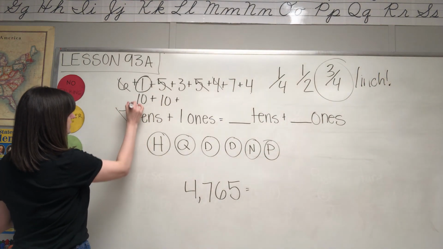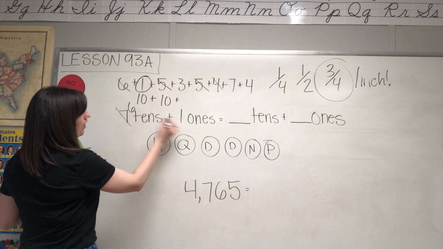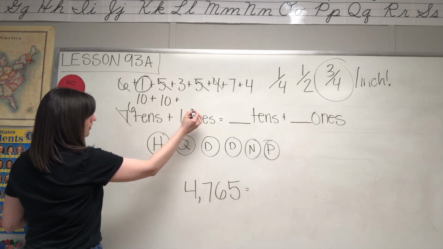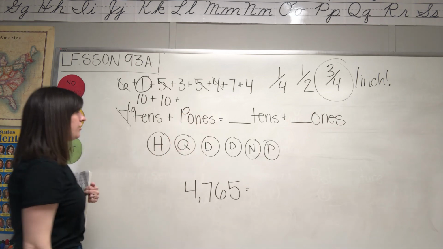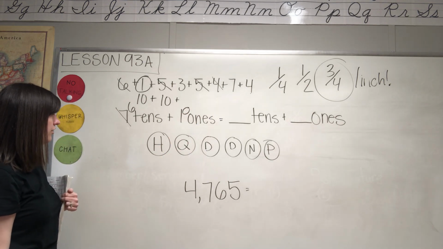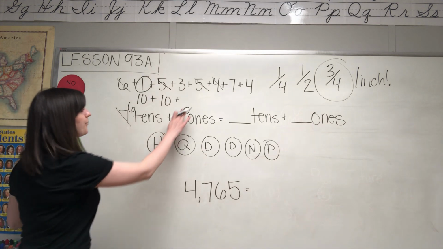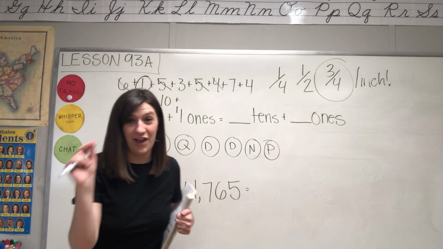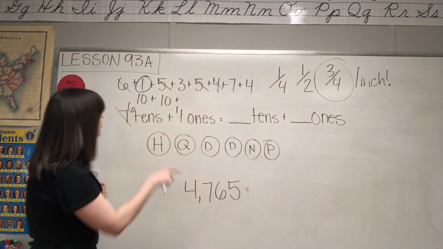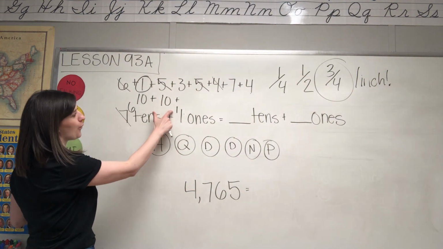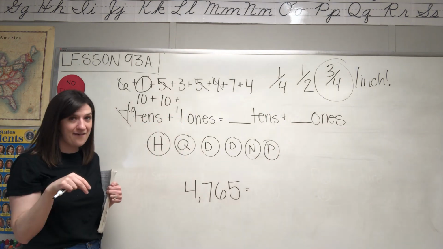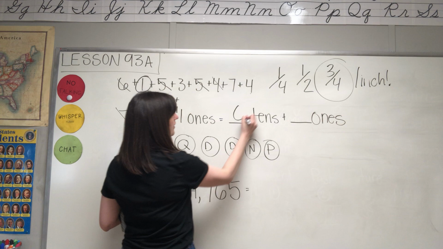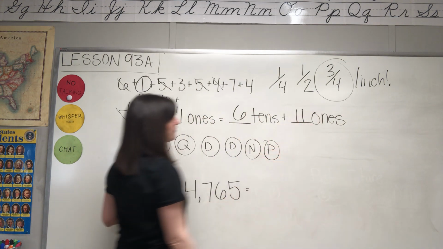Cross off the 7, leave it as a 6, put a 1 in front of the 1 so that it becomes 11. Your new numbers are going to be 6 and 11, okay?